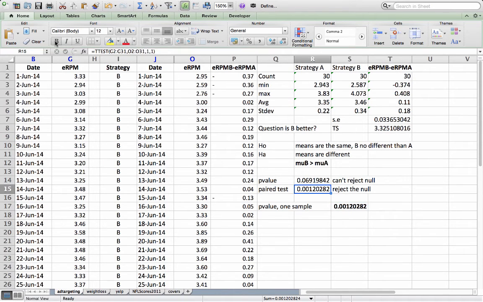So our single sample one-tail test on the difference is the same as a two-sample paired t-test. This is the nice part about these t-tests, is that this guy is actually just this guy. So you can either go through the steps and do our one-sample t-test, or you can just do our two-sample t-test, but realizing that it's paired.